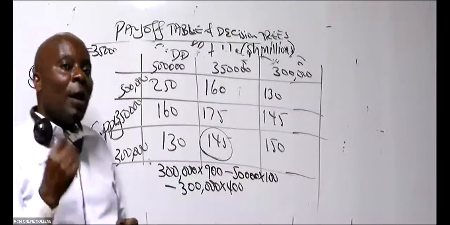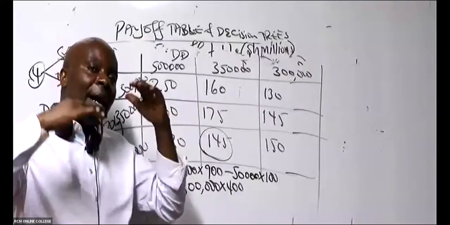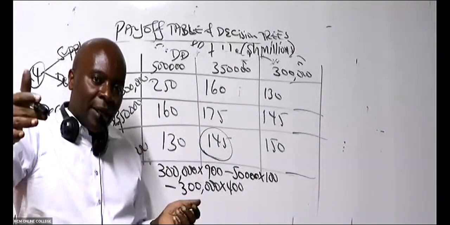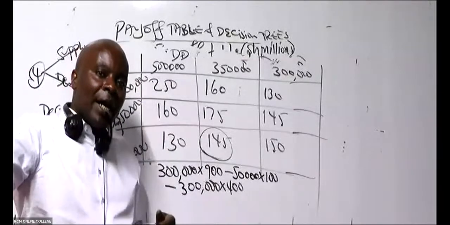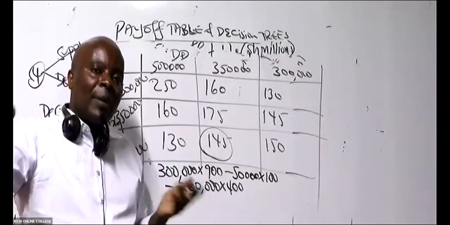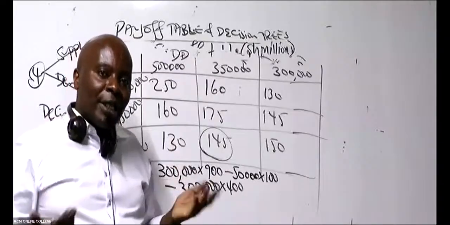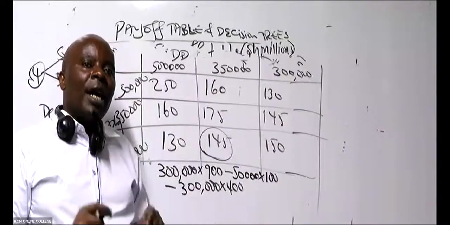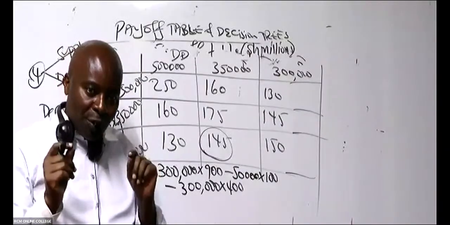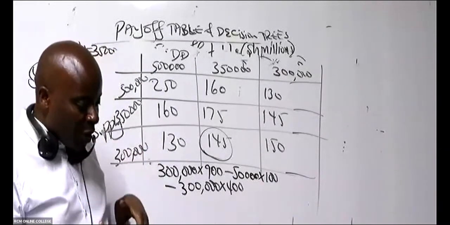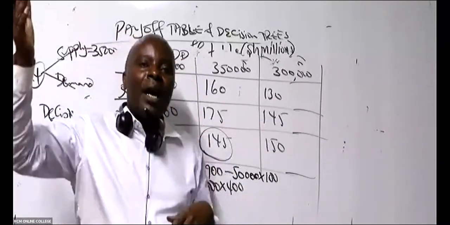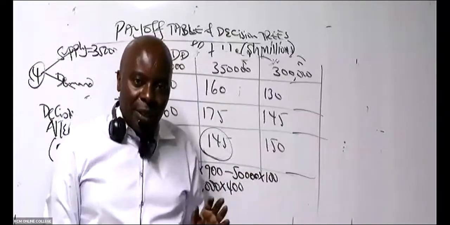So long as you appreciate that when demand is higher, you are sending away customers, for every customer sent away without my umbrella, the company loses 100. Don't confuse perishability scenarios and disappointment scenarios. I perish when I supply more than what is demanded, but whenever demand is higher, I disappoint customers.